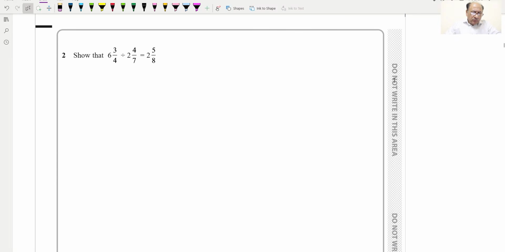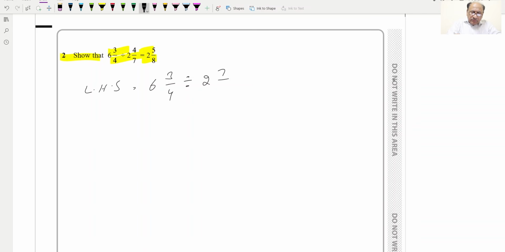Now question number 2, show that this is equal to this one. We can take the left hand side, so left hand side is equal to 6 whole 3 by 4 divided by 2 whole 4 by 7.